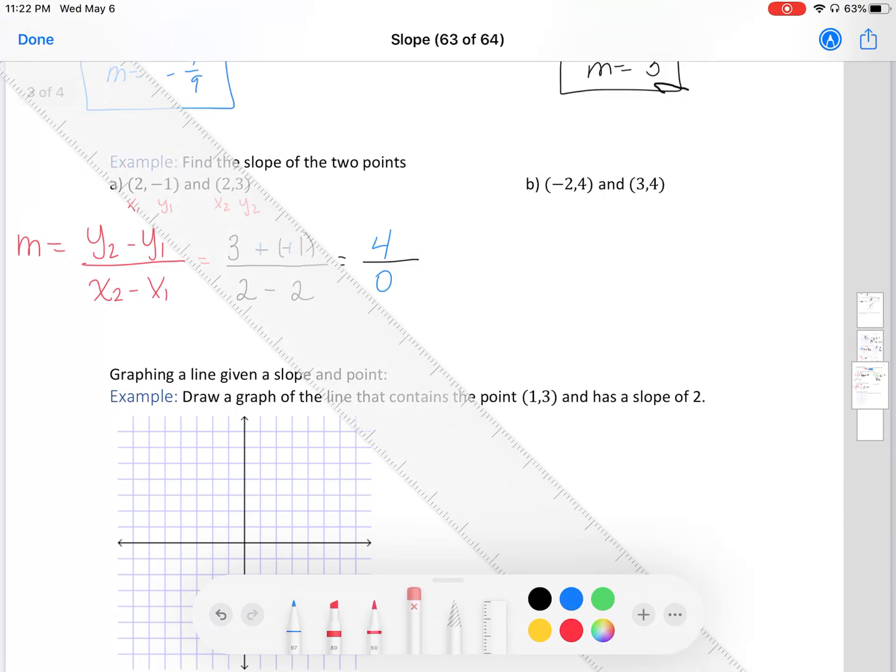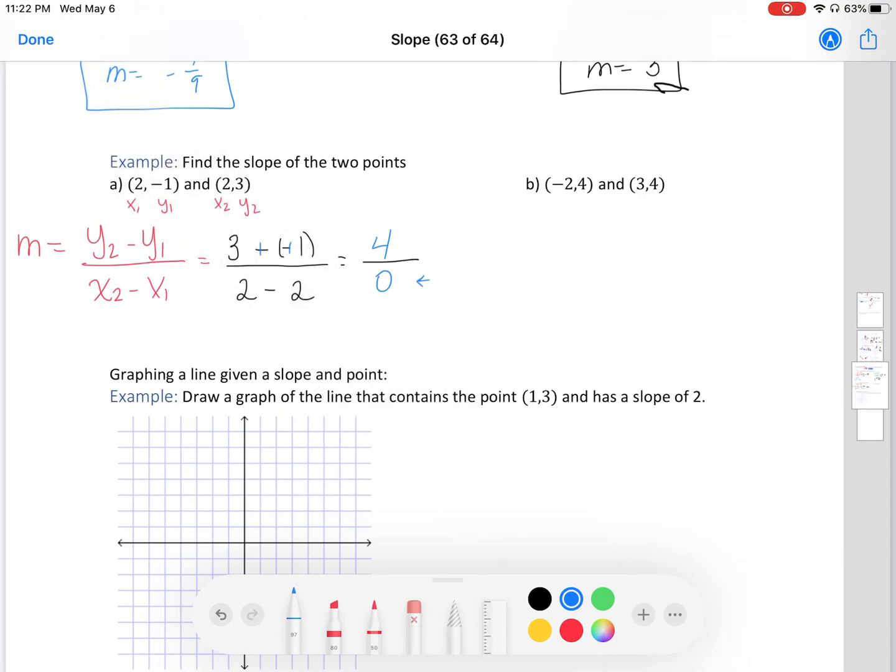Uh-oh. We have a 0 in the denominator. So this means it's undefined. When it's undefined, we know we have a vertical line. So we can just say that our slope is undefined. And if we get an answer of undefined, we know not to be worried. We know it's just going to be a vertical line.